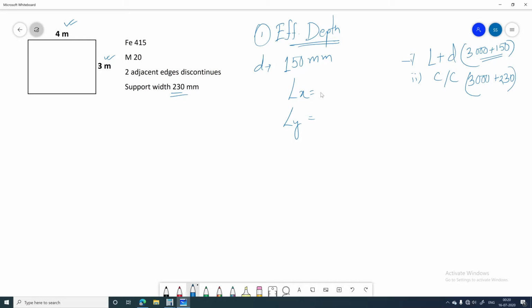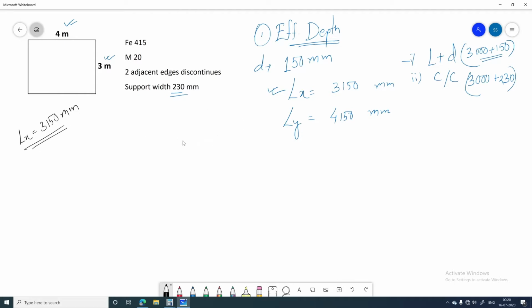So that is why the value of Lx is 3150, and Ly similarly will be 4150, right? Now for our calculation and design purpose, we will consider the minimum of these two, that means the Lx value. So the effective span that we got, Lx initially, is 3150 mm.